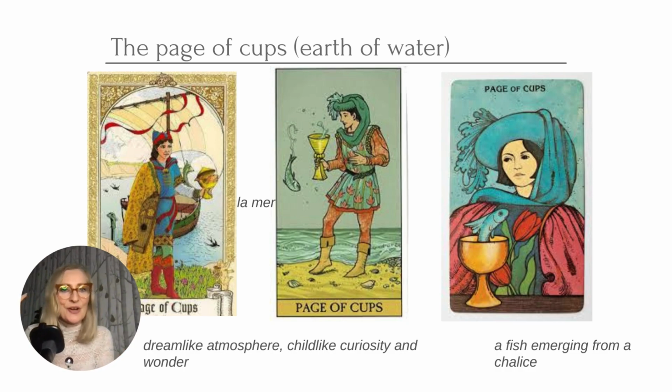Although I would say that the third one doesn't seem to be looking at the fish. The fish seems to be trying to draw her attention to something and say, "Hey, I'm here. Listen to me." And there's an atmosphere of childlike curiosity. And so we've got these colors of blue and green and gold for the cup.